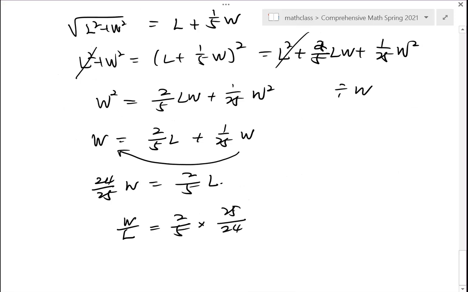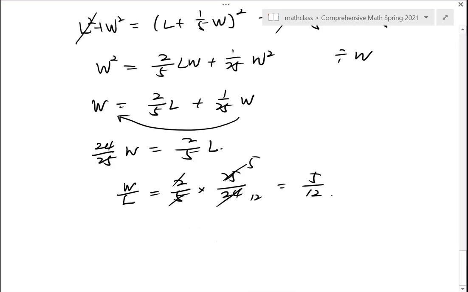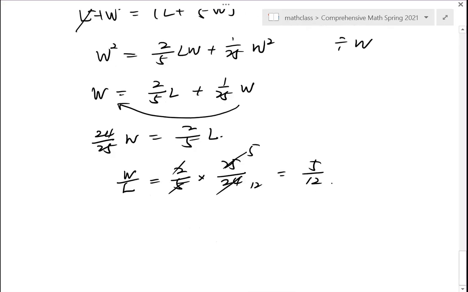Then you simplify it, so it's 5 over 12. That's the ratio of width to length, 5 to 12. You should write W over L. Looks like Erica got it. Good.